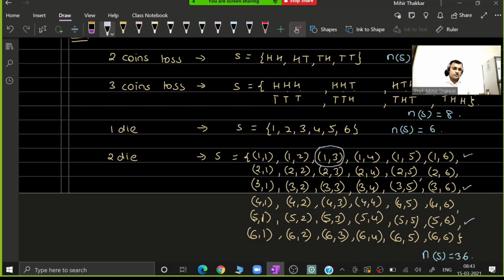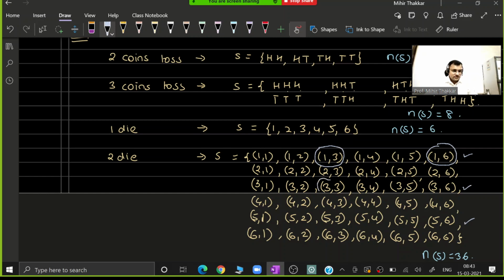1 comma 4 is not getting satisfied because 4 is not a multiple of 3. 1 comma 5 is not satisfied again because 5 is not a multiple of 3, but 1 comma 6 is satisfied because 6 is a multiple of 3. If I observe the third row, 3 1 and 3 2 will not be used because 1 and 2 are not multiples of 3.